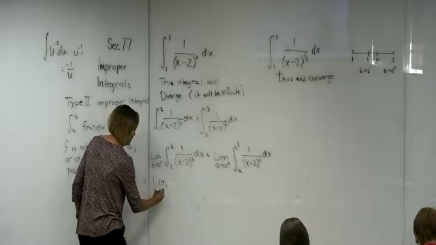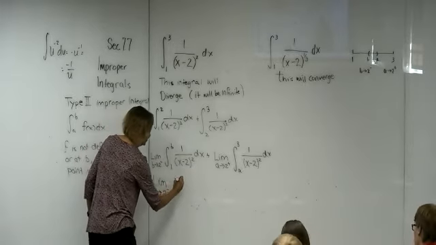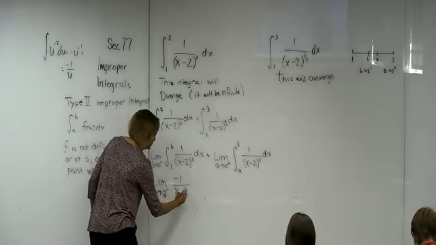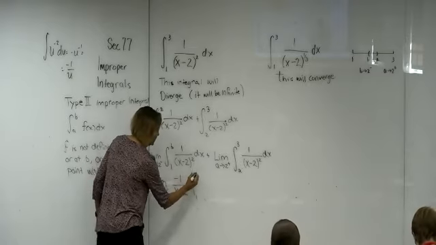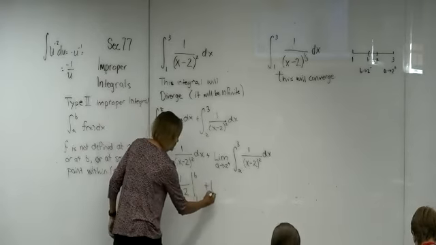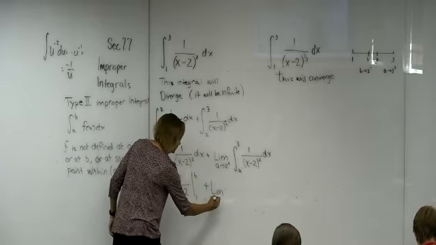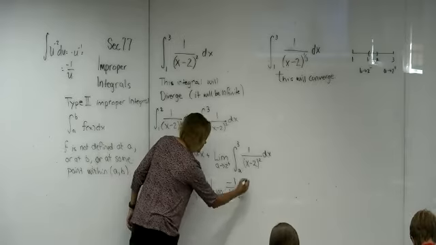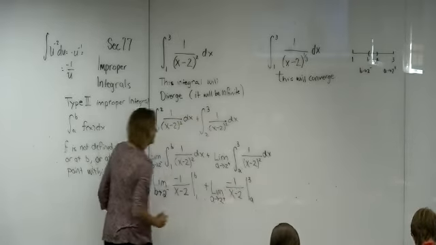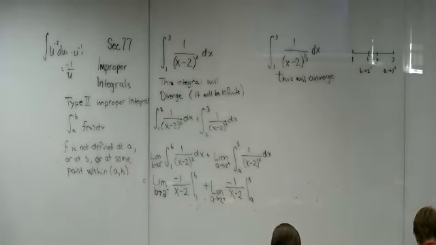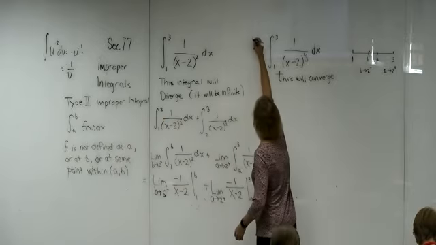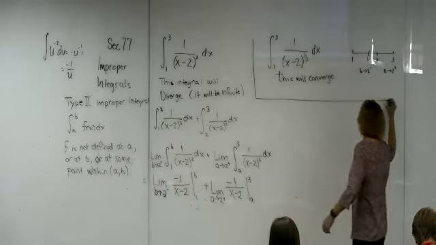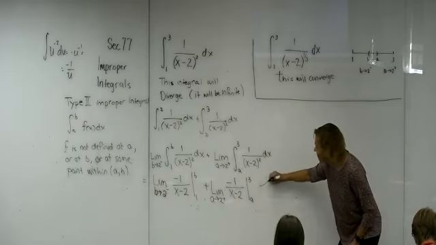Keep this limit following me along. -1 over x minus 2, evaluated from 1 to b. Come back and get this one in a minute, but let's finish the calculations for this one.